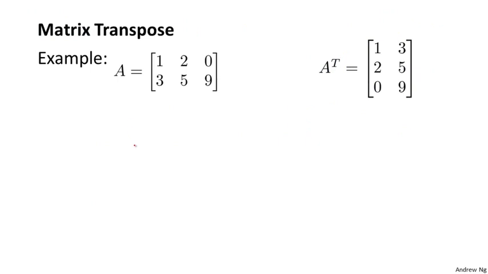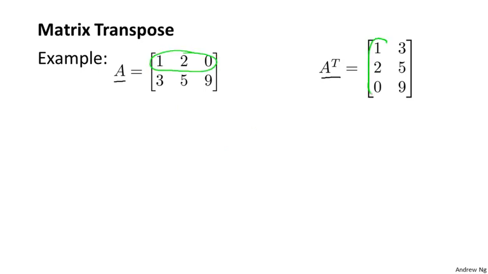Finally, the last special matrix operation I want to tell you about is the matrix transpose. So suppose I have matrix A. If I compute the transpose of A, that's what I get here on the right. This is A transpose, which is written A superscript T. And the way you compute the transpose of a matrix is as follows. To get A transpose, I'm going to first take the first row of A, 1 2 0.